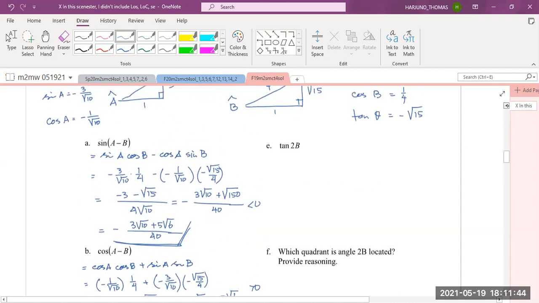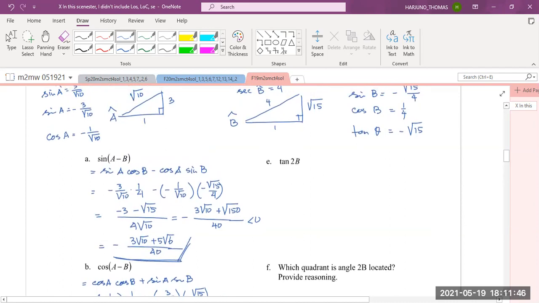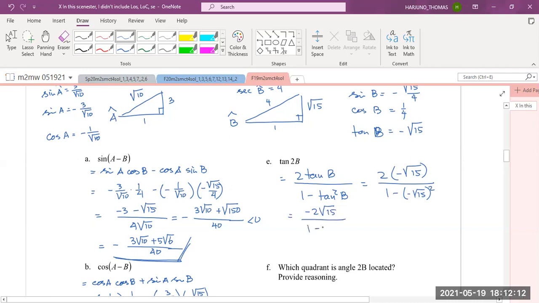How about tangent 2B? Tangent 2B is 2 tangent B over 1 minus tangent squared B. That's 2 times negative square root of 15 over 1 minus negative square root of 15 squared. That's negative 2 square root of 15 over 1 minus 15, negative 14 at the bottom.